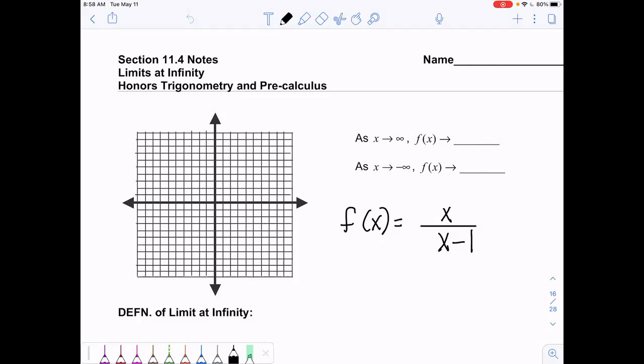Doesn't have to be a super precise sketch, but you can put a couple of points on there, get an idea of what's going on with the graph.